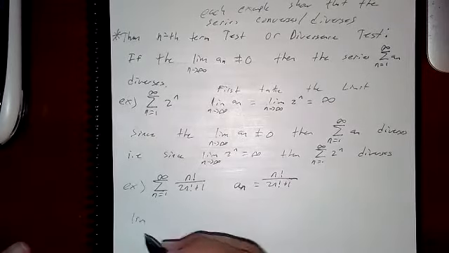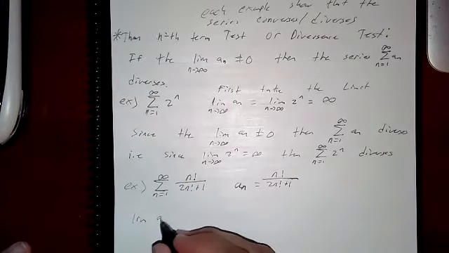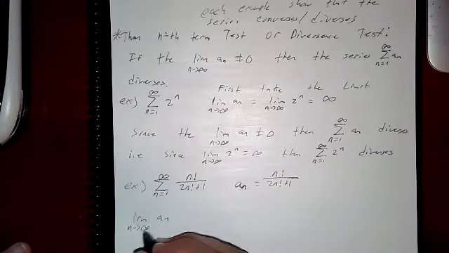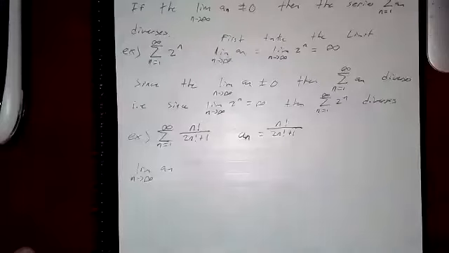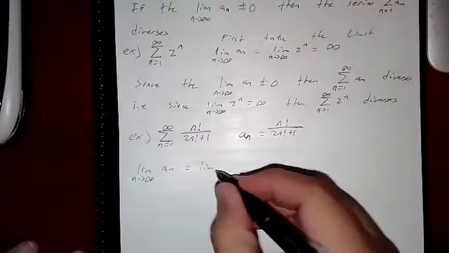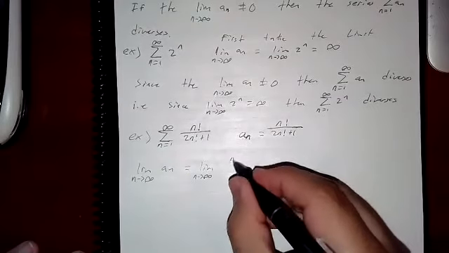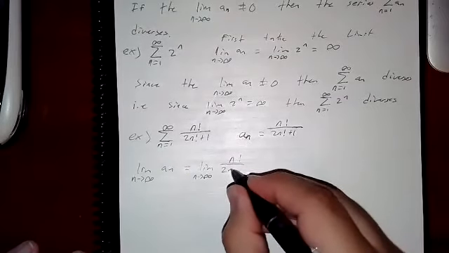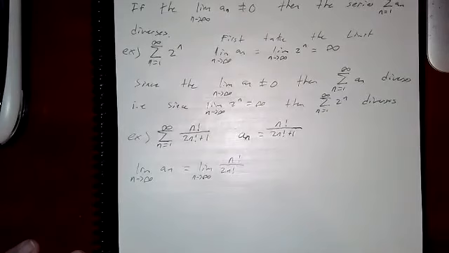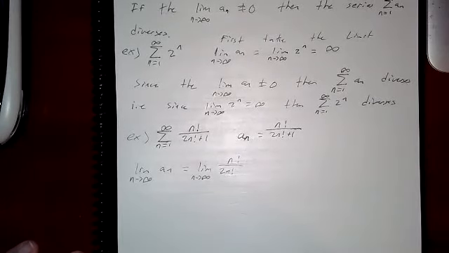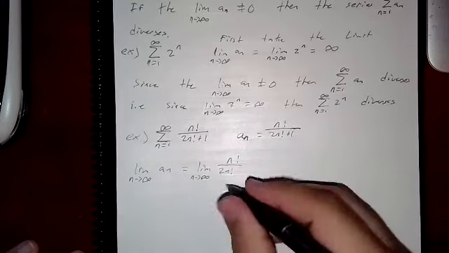So the limit of a sub n as n approaches infinity is the limit of n factorial over 2 n factorial plus 1. Let me try to divide everything by n factorial and see if that helps.